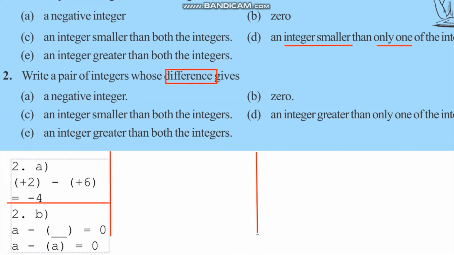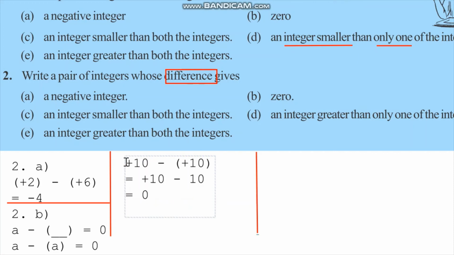For example, let A be equal to plus 10 and we are subtracting plus 10 from itself. This is the equivalent of plus 10 minus 10, which is going to give us 0.